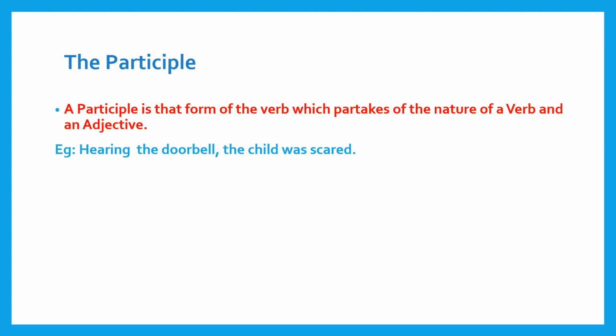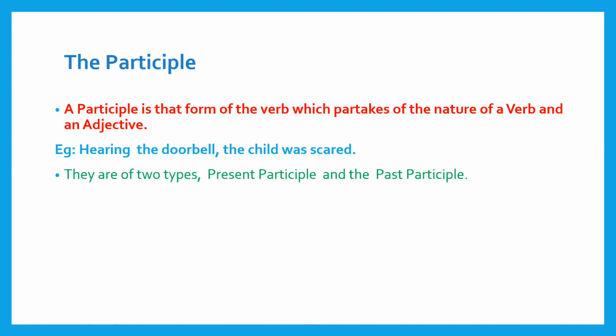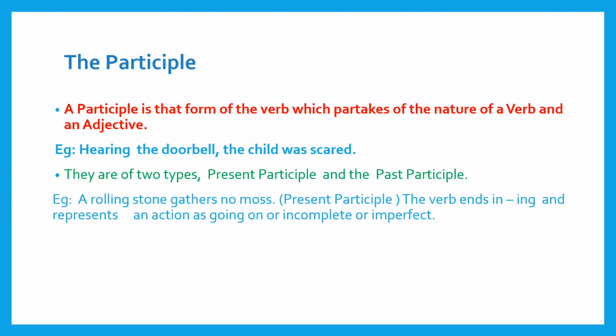There are two types of participles. They are the present participle and the past participle. For example, a rolling stone gathers no moss, which is a present participle. The verb ends in ing and represents an action as going on or incomplete or imperfect.